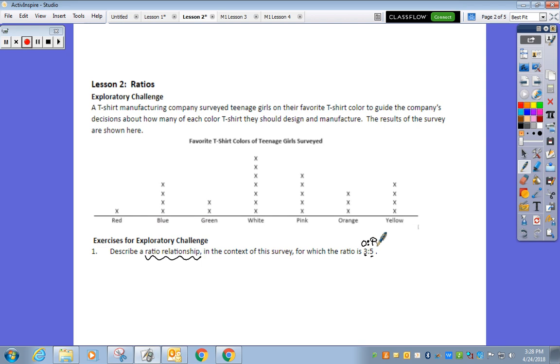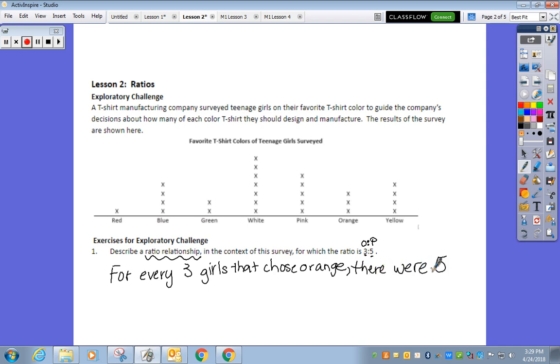Okay? Now what this relationship means is that for every 3 girls that chose orange, there were 5 girls who chose pink.